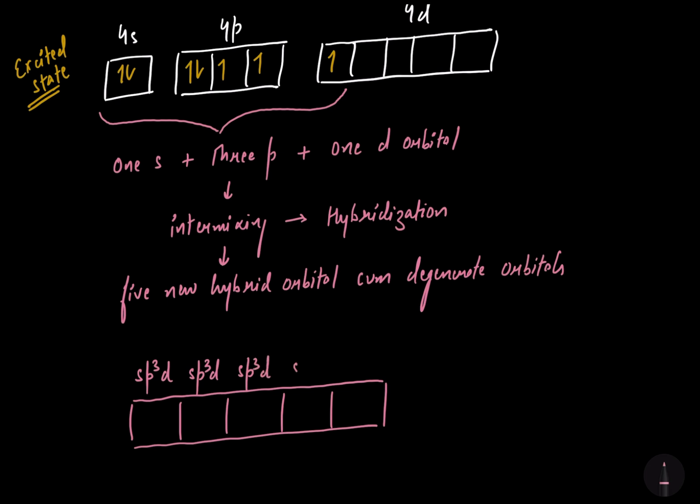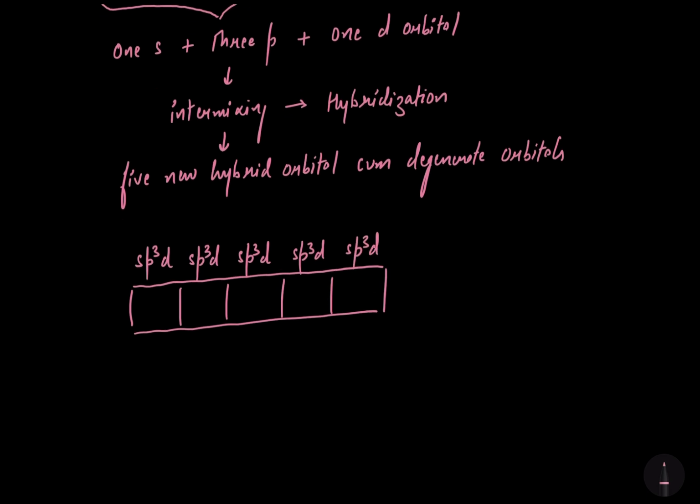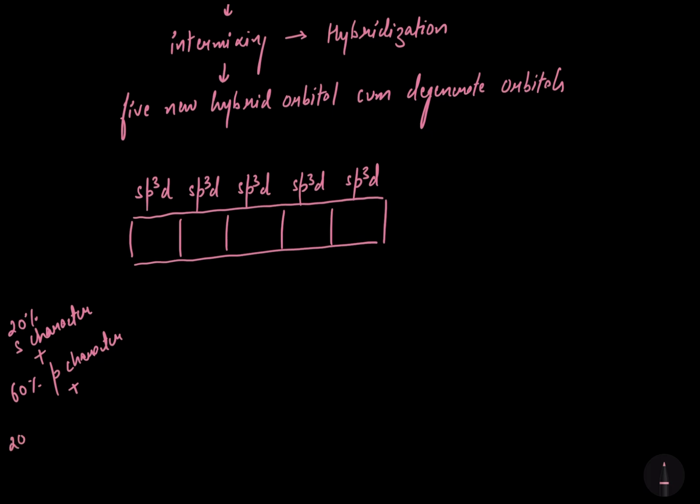The fourth one is also sp3d, and the fifth one is also an sp3d hybrid orbital, which has 20% s character plus 60% p character and 20% d character per hybrid orbital.